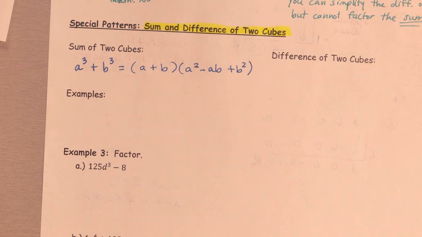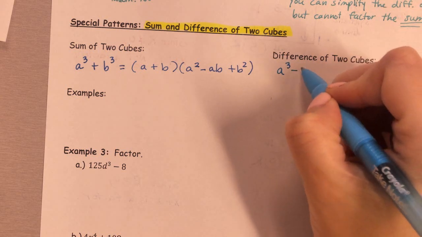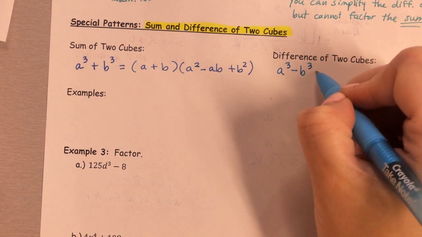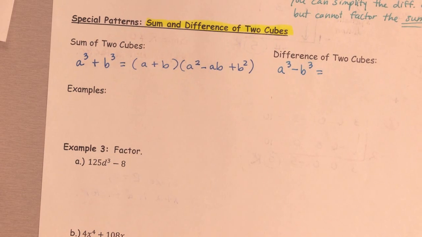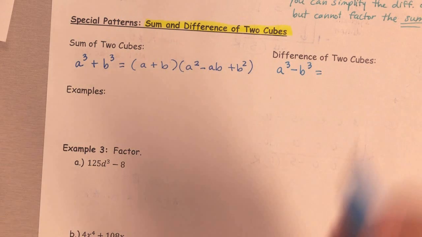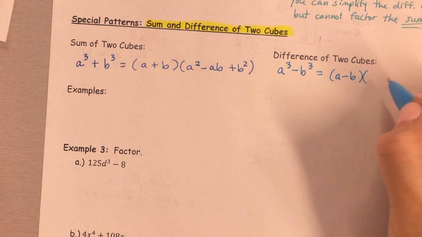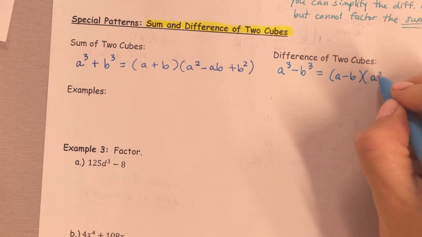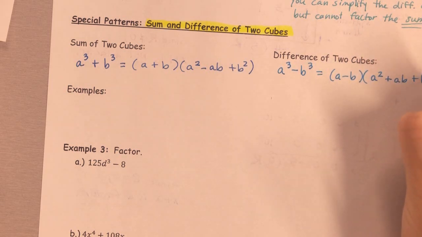And then if you have a difference of two cubes, you'd have a cubed minus b cubed. Okay, and a and b are just going to be either numbers or variables or a mixture of both. And this would be the factor a minus b times the factor a squared plus ab plus b squared.